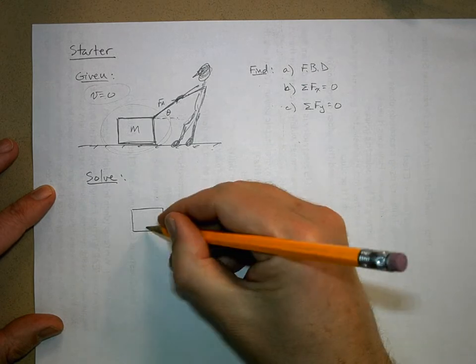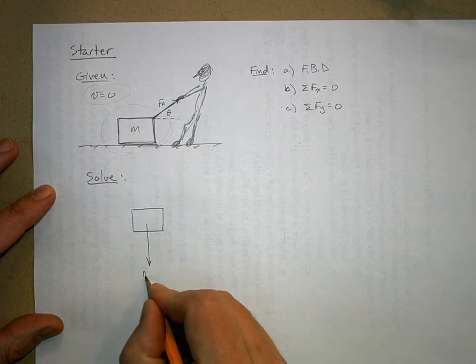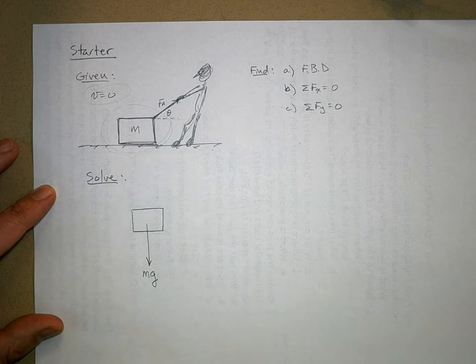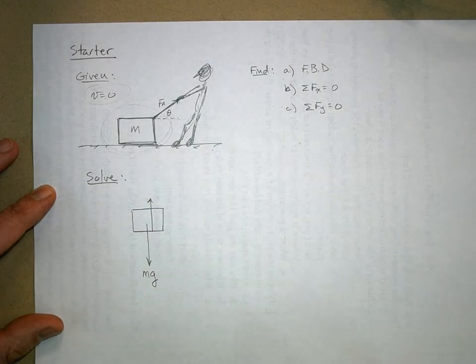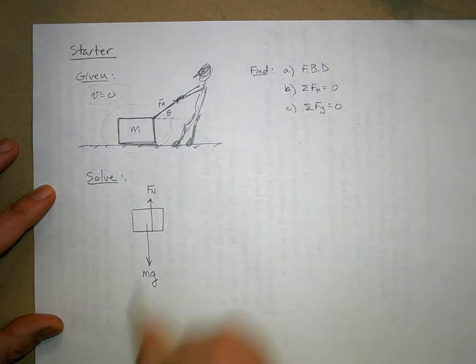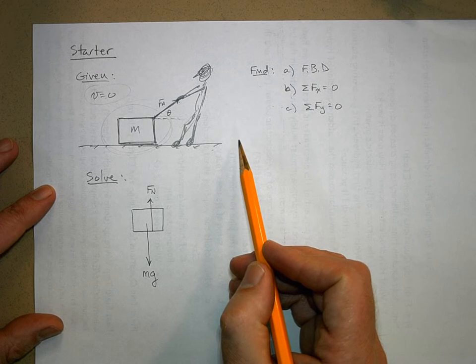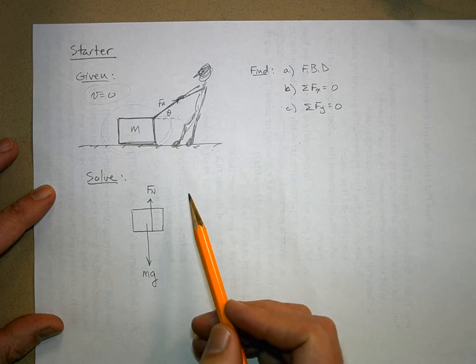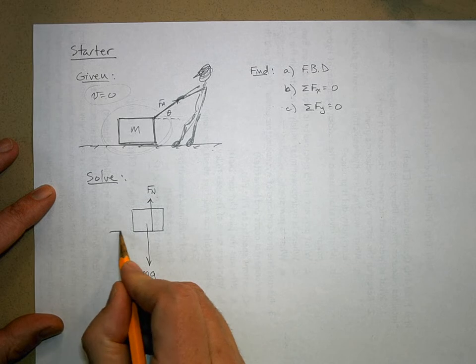Obviously gravity is still pulling it down, m times g. We've got the floor pushing up on it with a normal force. Now, if he's pulling it to the right, but it's not moving, that means something has to be canceling that out. So we have a force of friction on here.